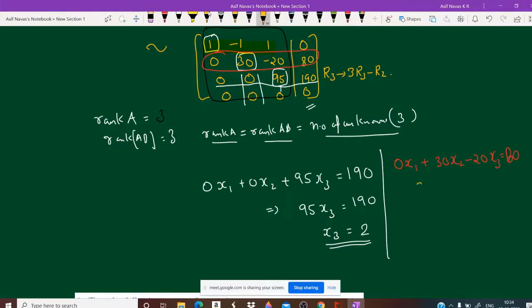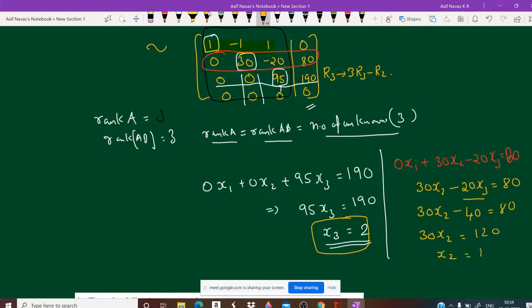We already got x3, so we can substitute here. 30x2 minus 20 into 2, which is 40. So 30x2 is equal to 120. x2 is equal to 4.